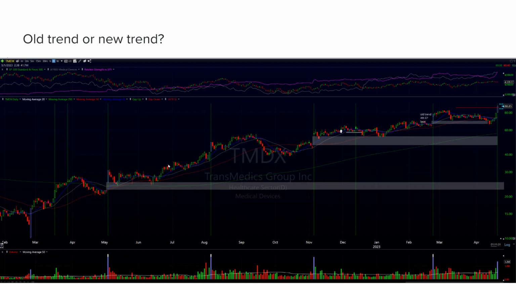Now, look at how extended this stock is. Does this look like an old trend or a new trend to you? It's made 1 leg up, it makes another gap on earnings, another leg up, another gap on earnings, another leg up, another gap on earnings, goes sideways pretty much, another gap on earnings.